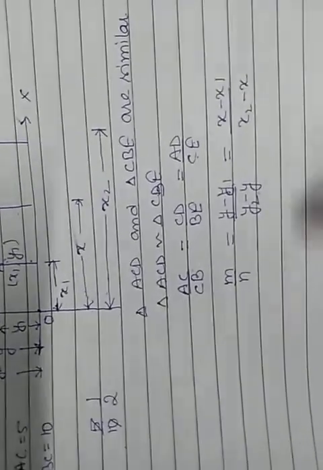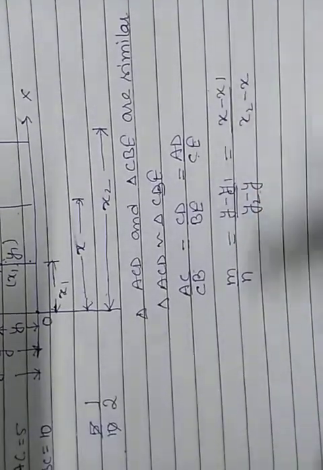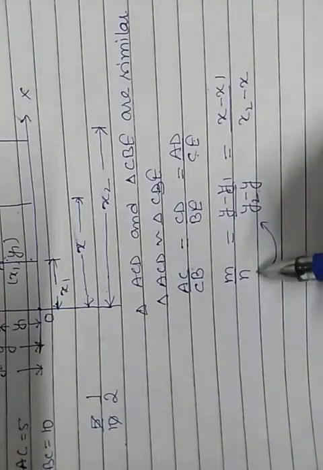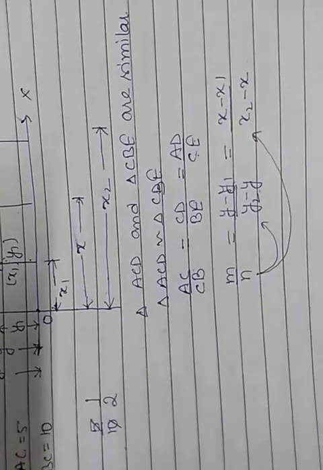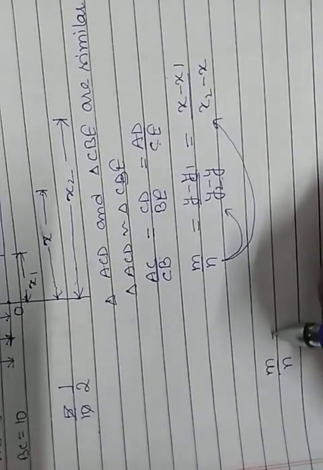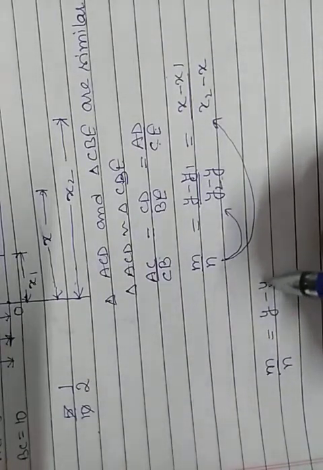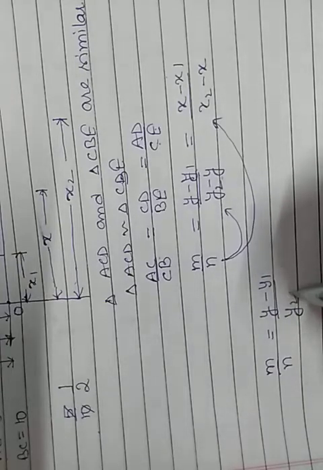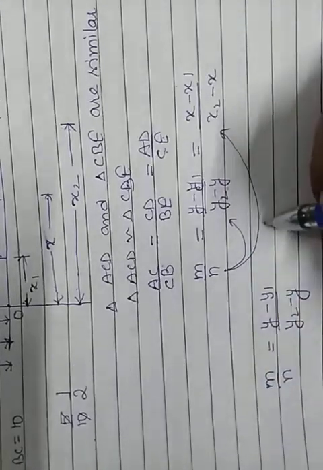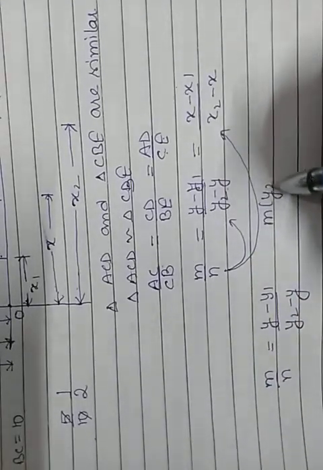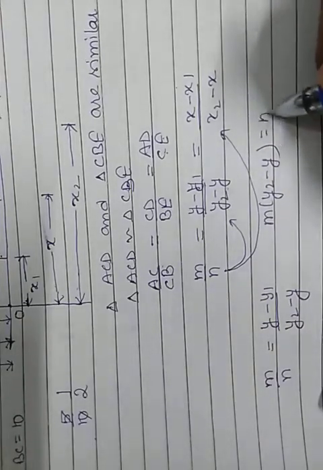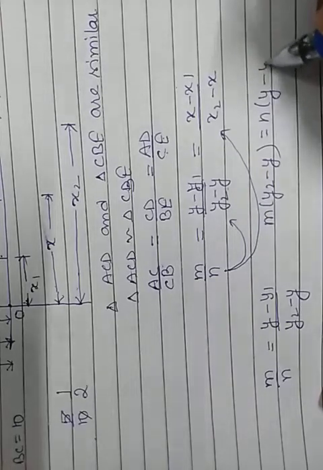Now as the three are equal, I will solve this relation first and this relation in the second case. So m upon n is equal to y minus y1 upon y2 minus y. By cross multiplication, m into y2 minus y is equal to n into y minus y1.